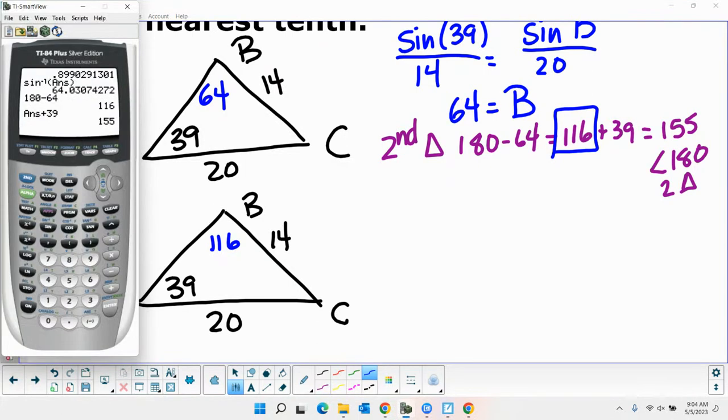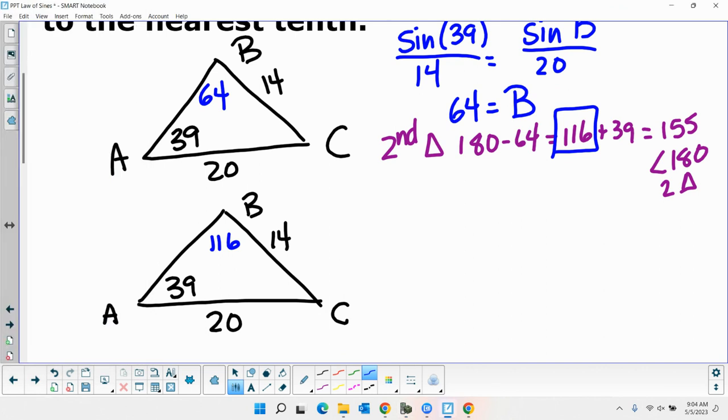So there's that 155. So I'm going to go 180 minus that answer. That gives me the missing C, 25 degrees. All right? And then I'm just going to look for this side C now, since 25 is already in my calculator.